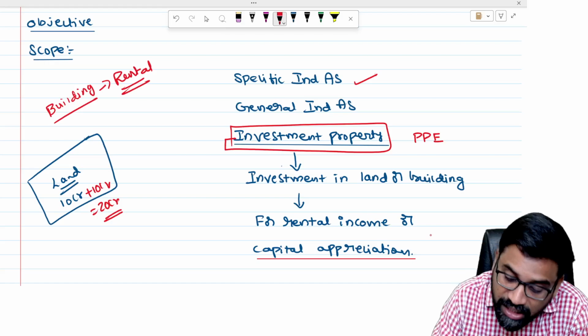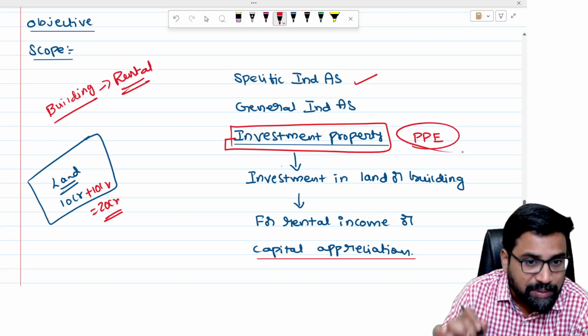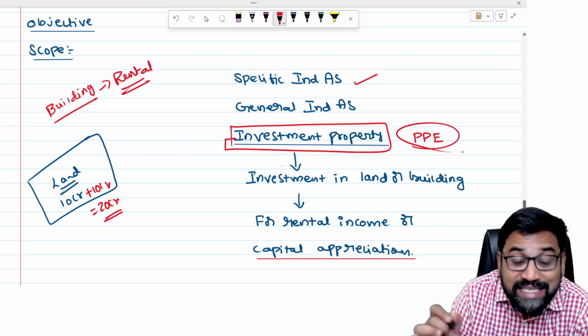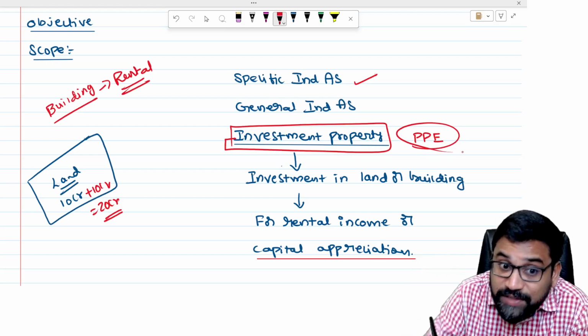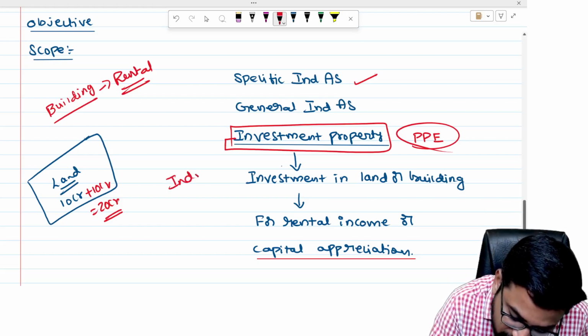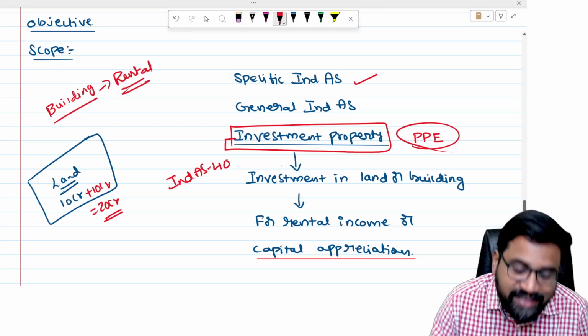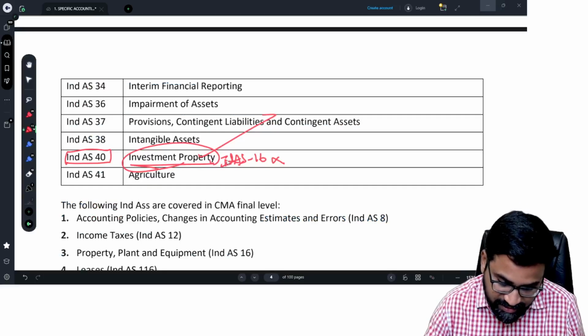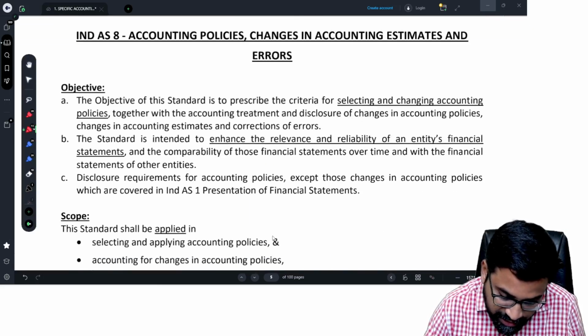But even though it is satisfying the definition of PPE, and IND AS 16 would be applicable, for investment property there is a separate standard, that is IND AS 40. So therefore, apply that standard. This is the first point in scope.